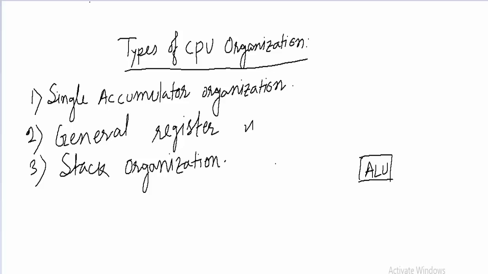For storing the result, most computers have a general purpose register called the accumulator. So there will be an accumulator, and the arithmetic logic unit will store the result in the accumulator.